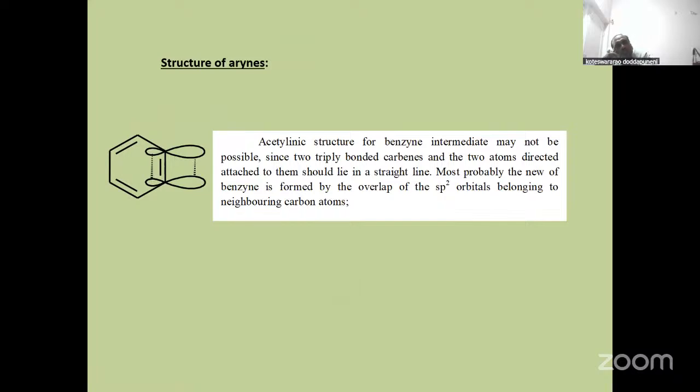Structure of arynes, in the acetylene structure. We treat it as C triple bond C, or R C triple bond C R. This is the acetylene derivative, the acetylenic bond.